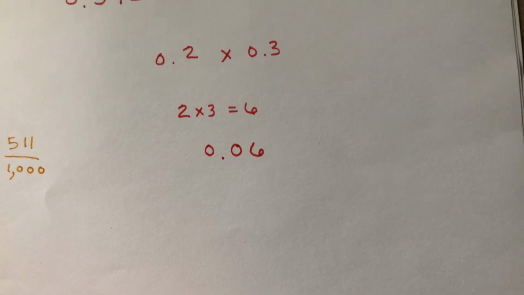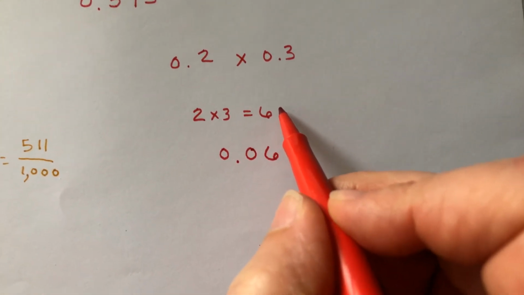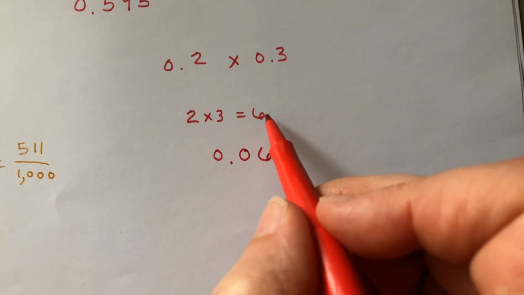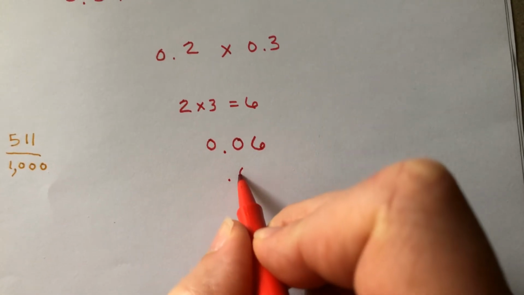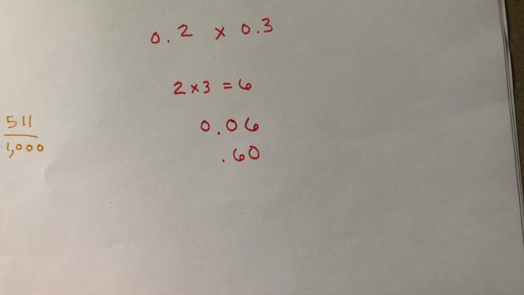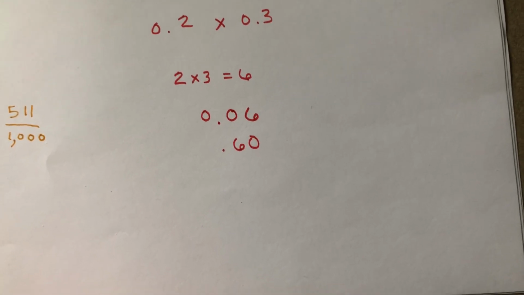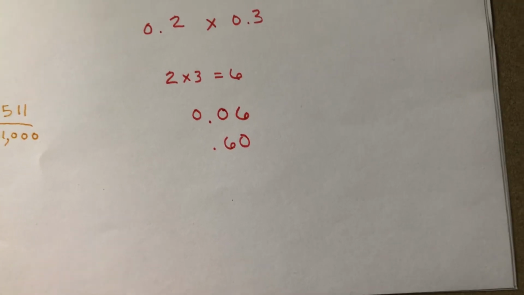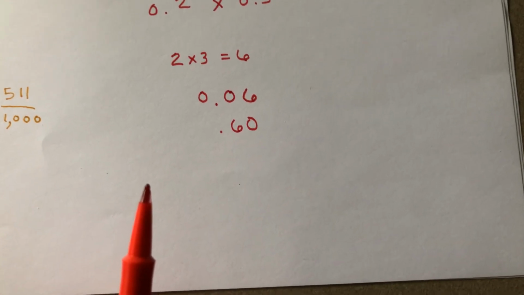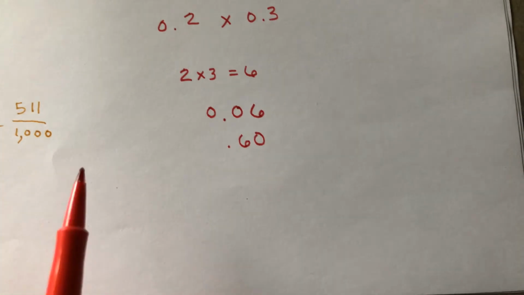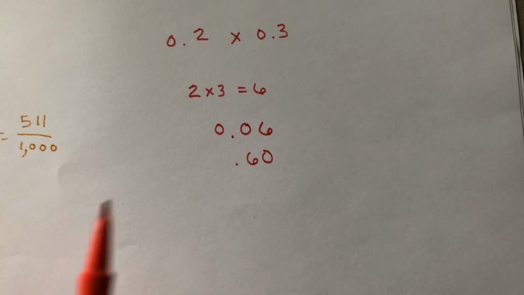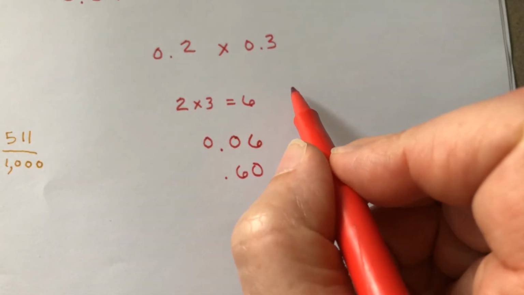Okay? What if you did 6, 0? How do you know if it's not this? Could it be that? Maybe it is. How do you know the difference? Is the answer 6/100ths or is the answer 6/10ths? So we have 2/10 times 3/10. Well, one way I know I can figure this out is I could write it as a fraction to help me.